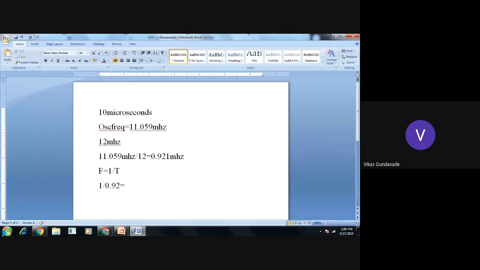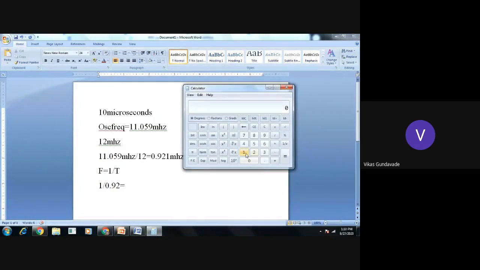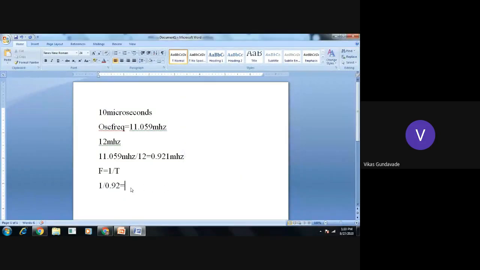So 1 divided by 0.92 gives 1.08 something. We are calculating the time now, so for this equation we need to take time equal to 1 by f.